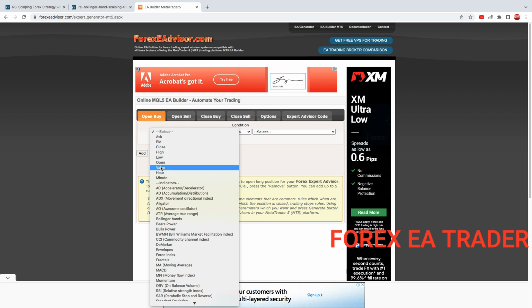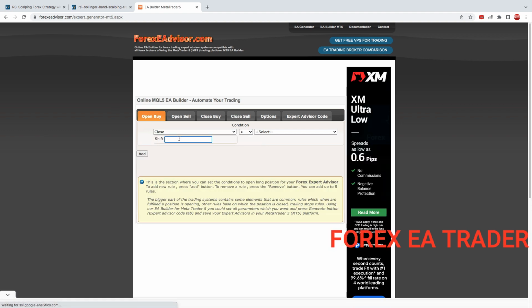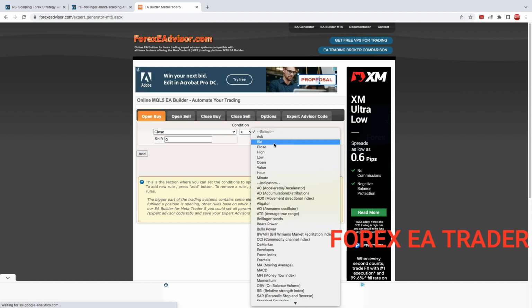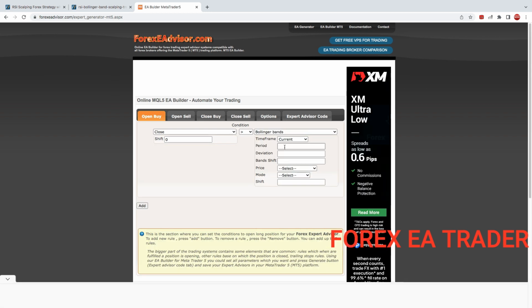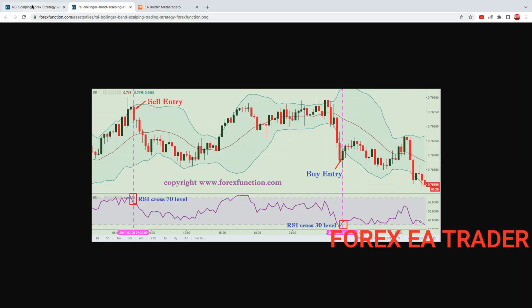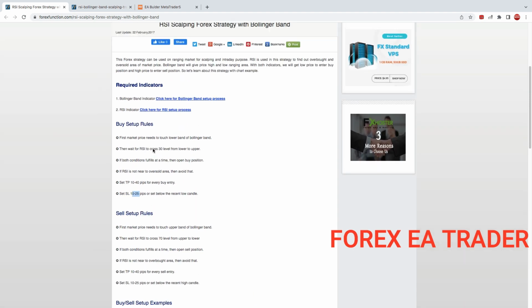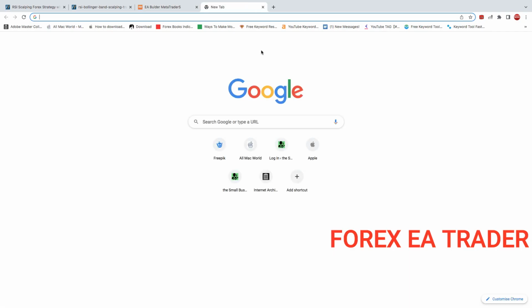I want the close of the price to be above, with shift 0, the Bollinger Band. I think for the Bollinger Bands here we are using the default, because there were no Bollinger Band settings provided. Let's find the default Bollinger Band settings.